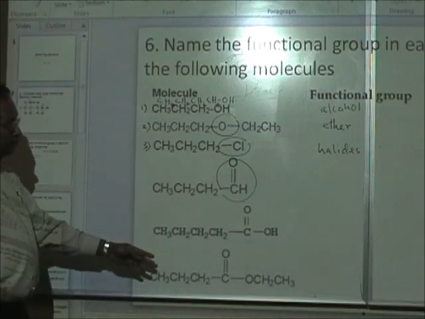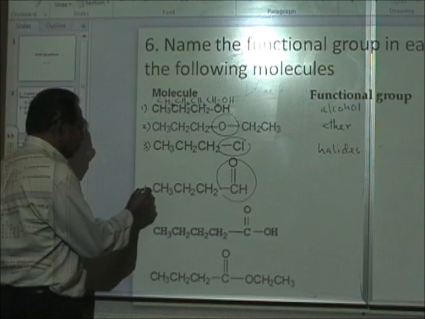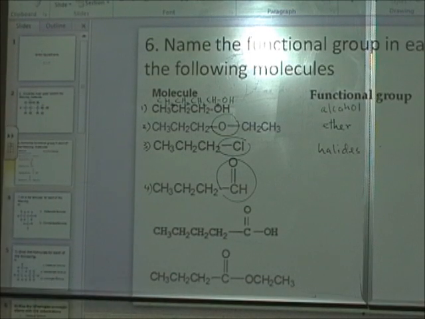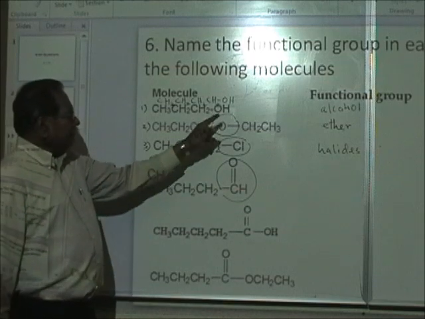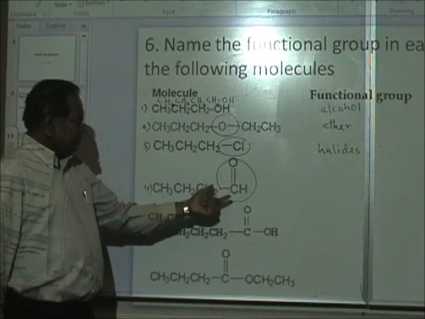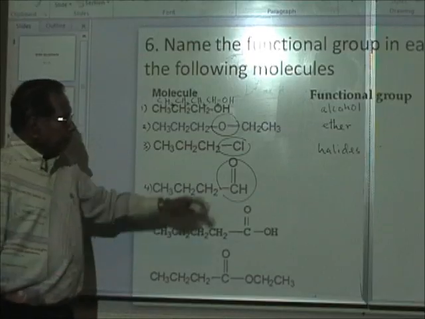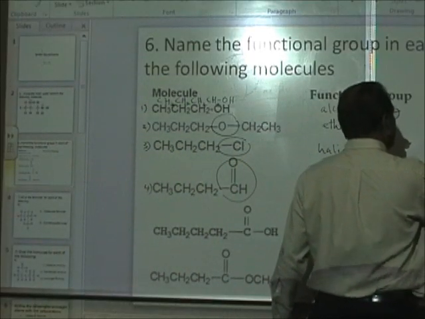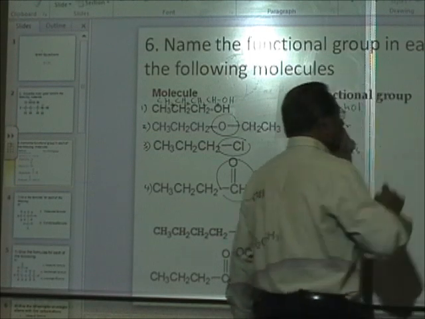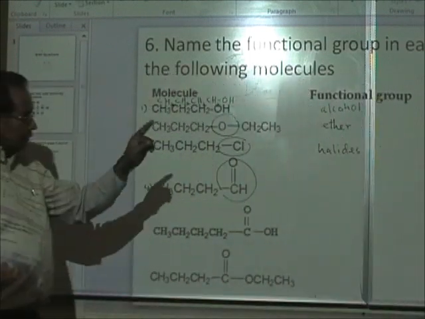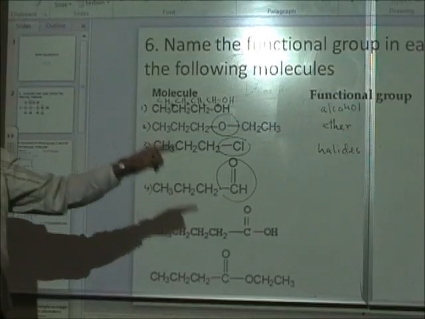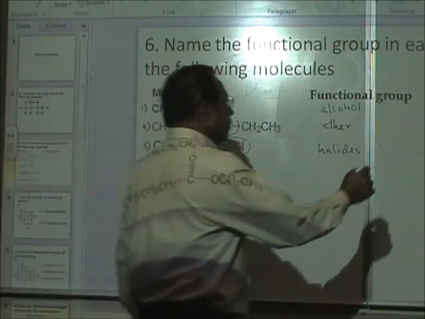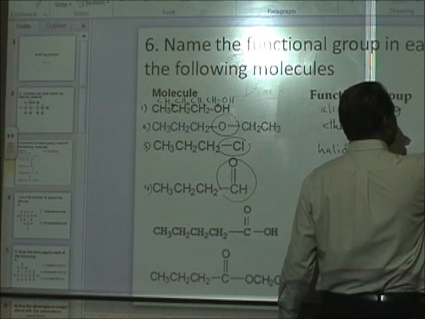Now we're getting a little more complex as you go down the functional groups. This is not just a single atom, this is a group of atoms. Here, carbon is bonded to oxygen with a double bond. We call that a carbonyl group.